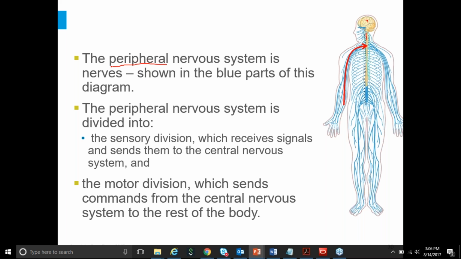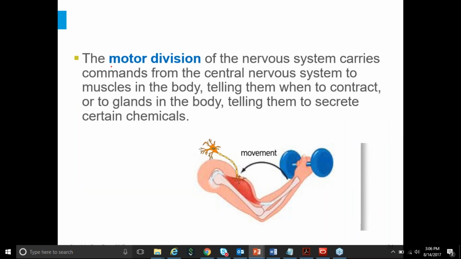Oh, I'm sorry, the sensory goes to the nervous system, the motor goes from the nervous system to the rest of the body. The motor division carries the commands from the central nervous system to muscles in the body, telling them when to contract. Or it sends signals to glands in the body, telling them to secrete certain chemicals.